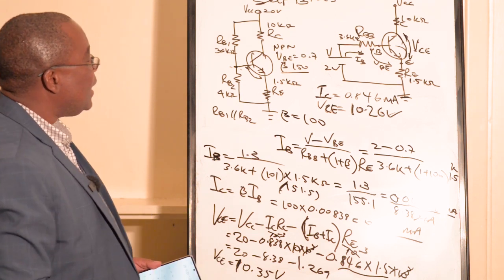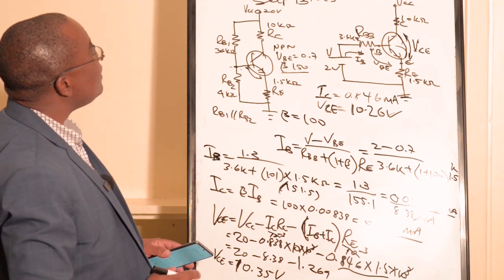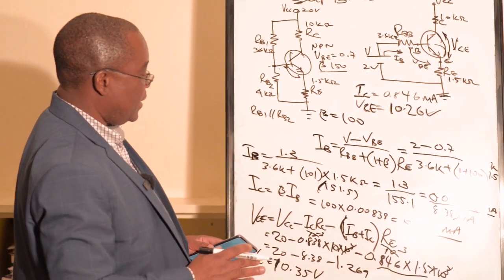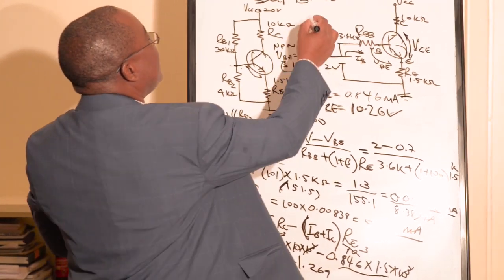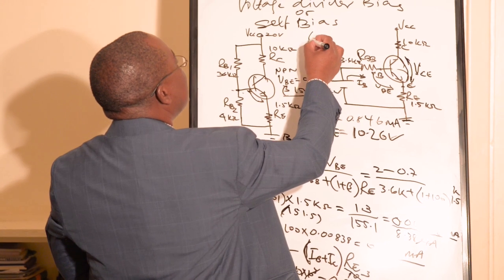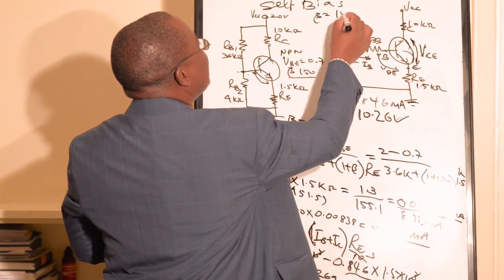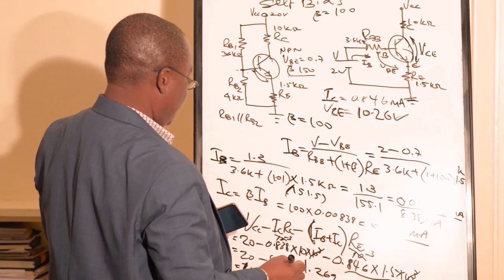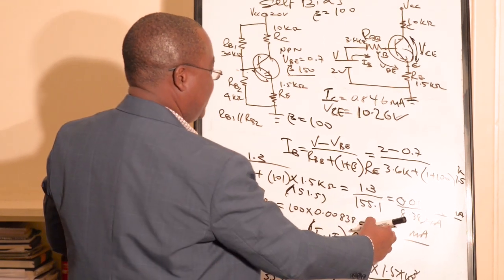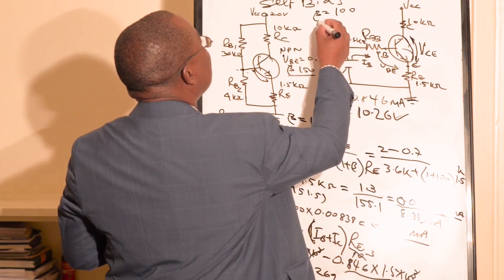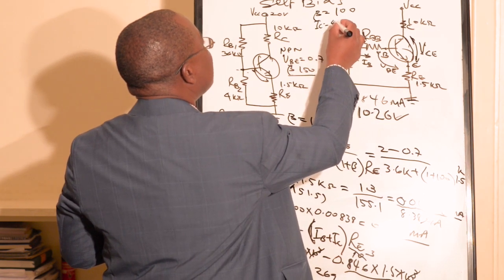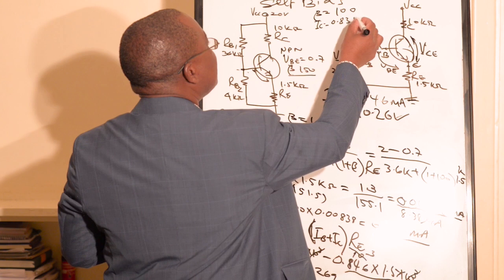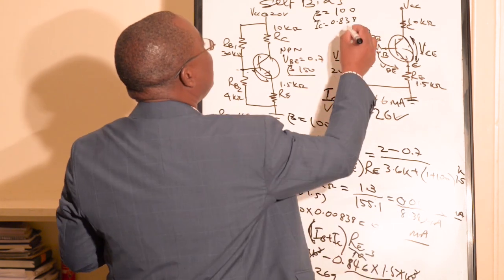So again, I will put my values so that we'll compare. At beta 100, I get IC. My IC is 0.838 milliampere.